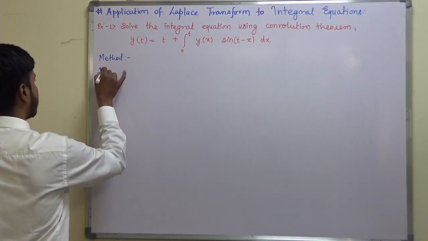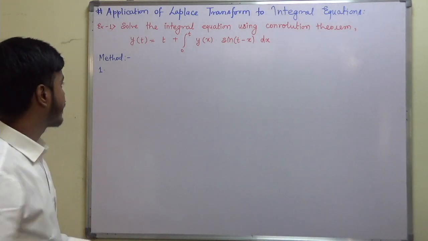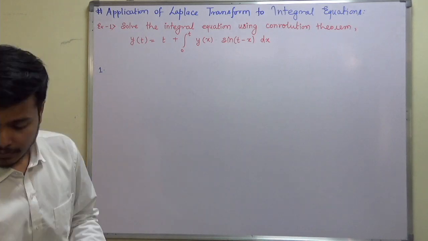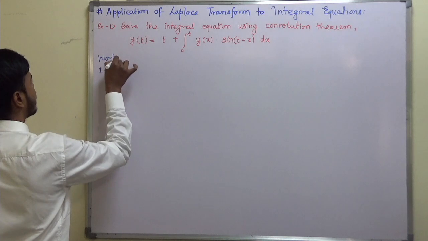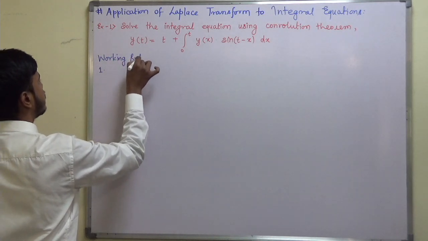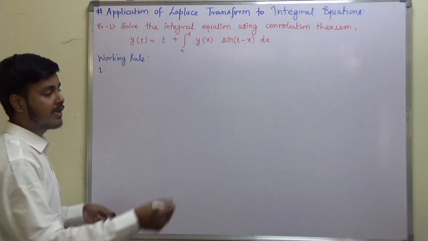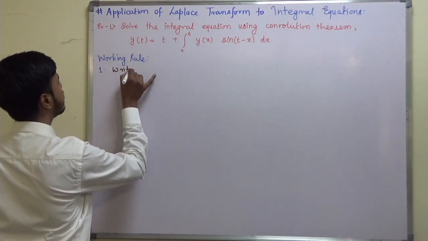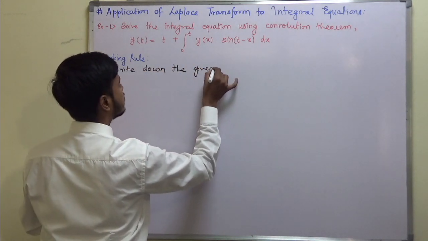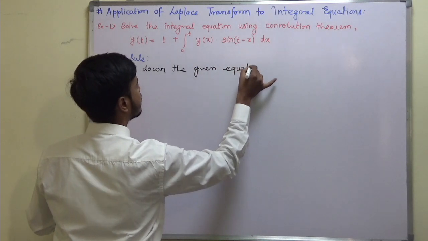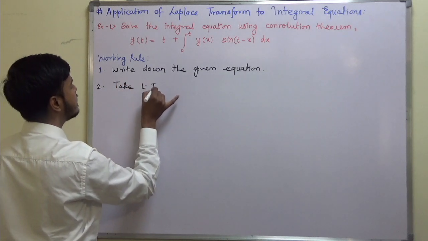Step number one, instead of method let me write it as working rule. What we have to do in the working rule: step number one, write down the given equation. Step number two, take Laplace transform on both sides.